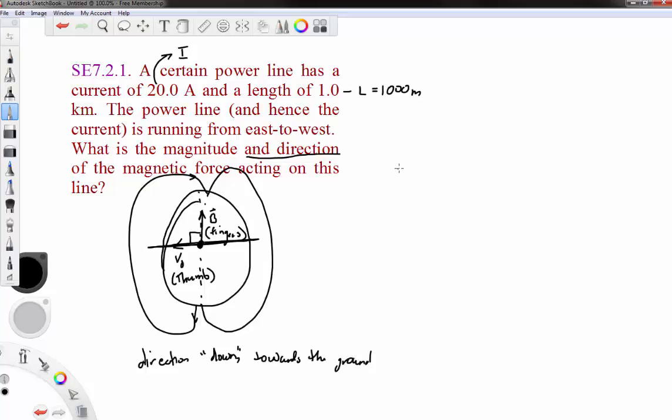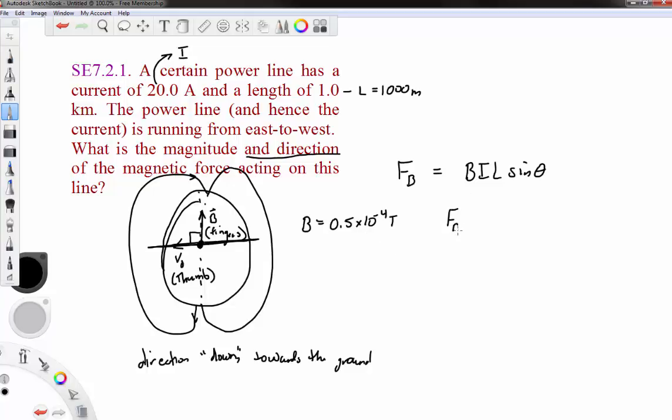All right, so we've got the direction. The magnitude, of course, we want FB, and it's BIL sine theta. What is B? Well, it is the Earth, so B for the Earth is 0.5 times 10 to the minus 4 Tesla, or 0.5 Gauss.